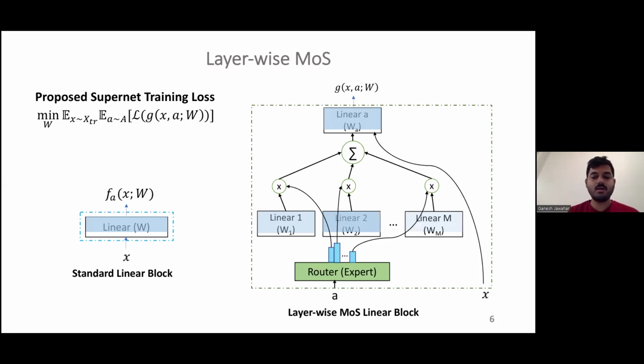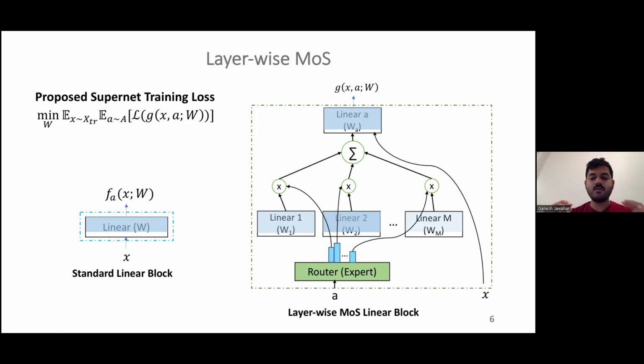What we are saying here is for the layer-wise mixture of supernet, we will introduce a bunch of weight matrices, not just one. You can treat each weight matrix as an expert weight matrix. So we have a bunch of expert weight matrices. They are all going to work in tandem to give us the weight for the architecture of interest, right?